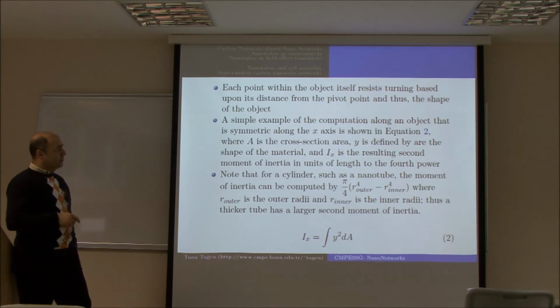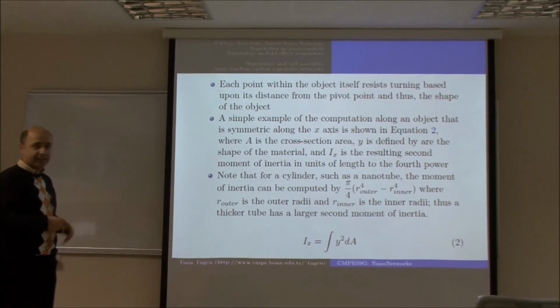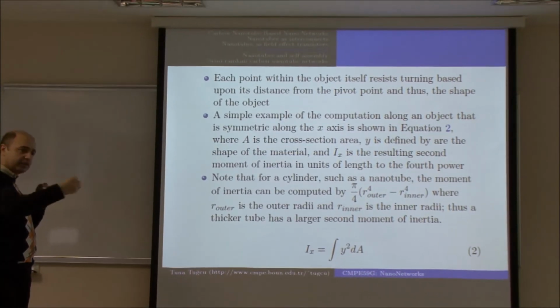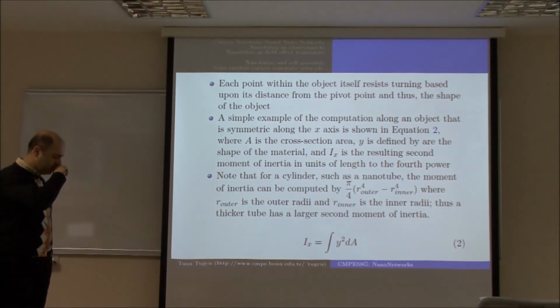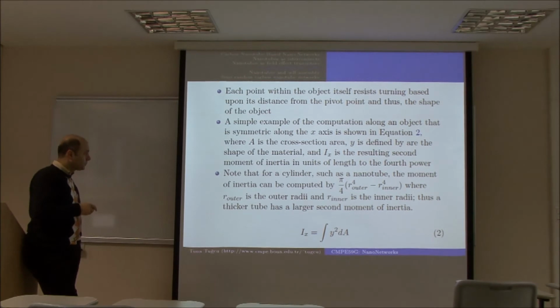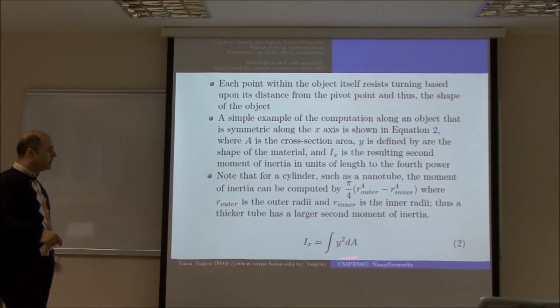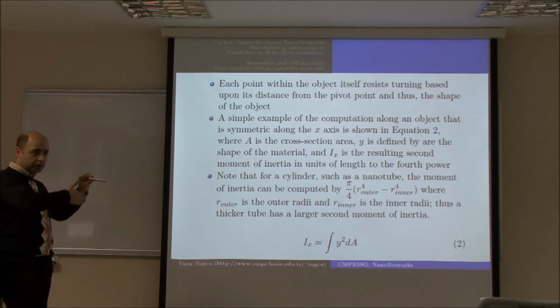So, a simple example of the computation along an object that is symmetric along the x-axis, consider, for example, a cylinder shape. It doesn't have to be a cylinder, but for the sake of the example. Then that can be derived using this equation, where A is the cross-section area of this rod.